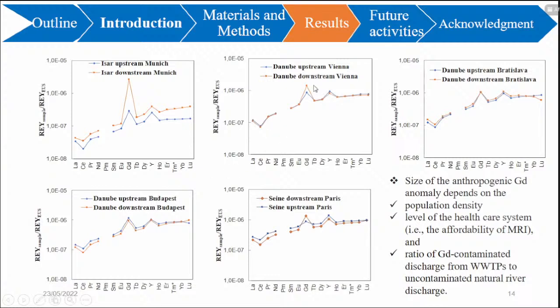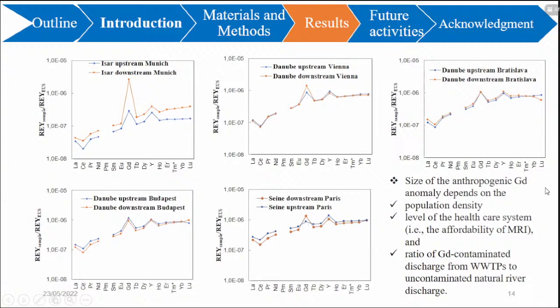In Vienna, the downstream shows the higher positive gadolinium anomaly that indicates that there is anthropogenic contribution from the city. In Bratislava, it's almost the same. There is no observable significant difference between the downstream and the upstream. In the Seine, as I said, the downstream one is higher than the upstream.